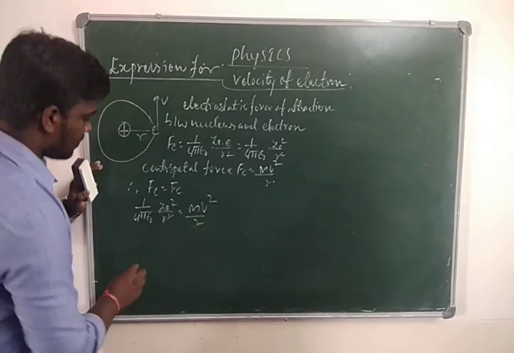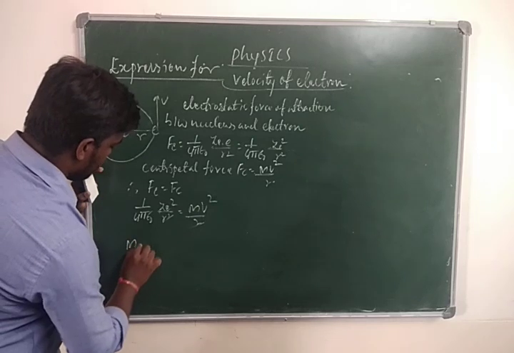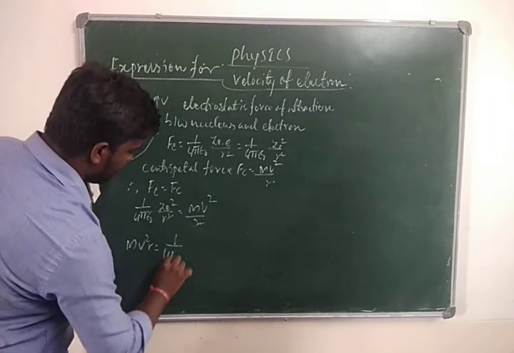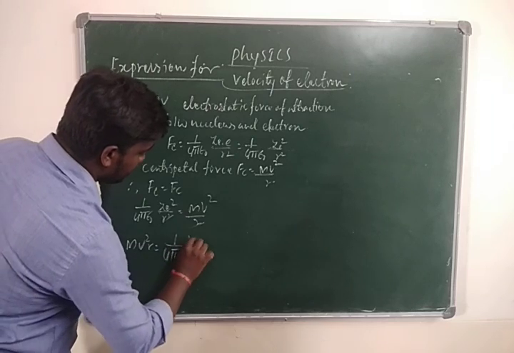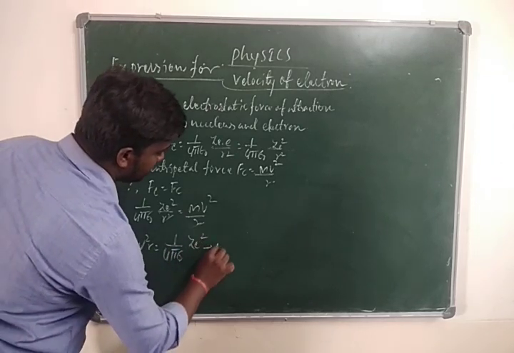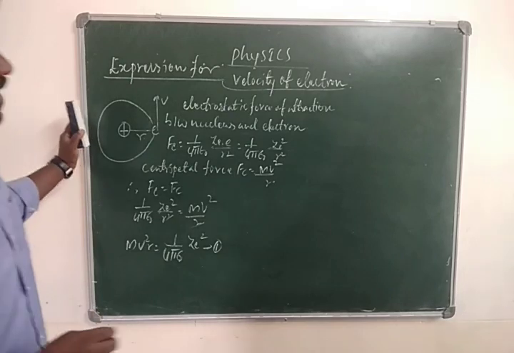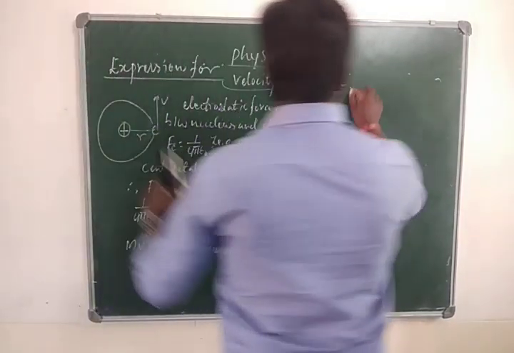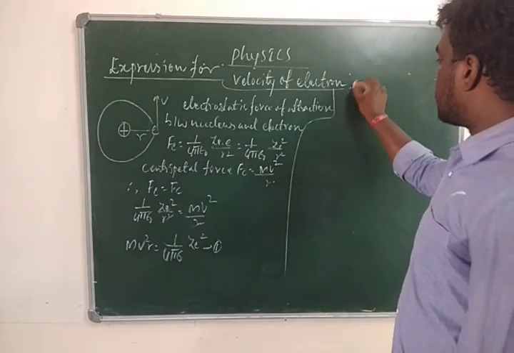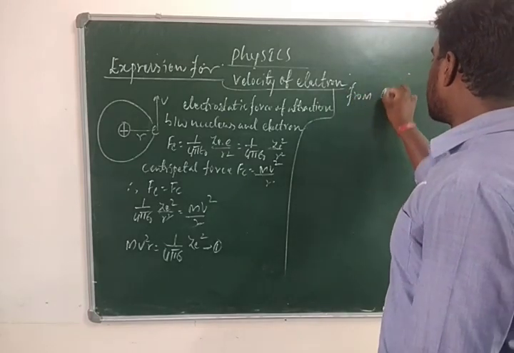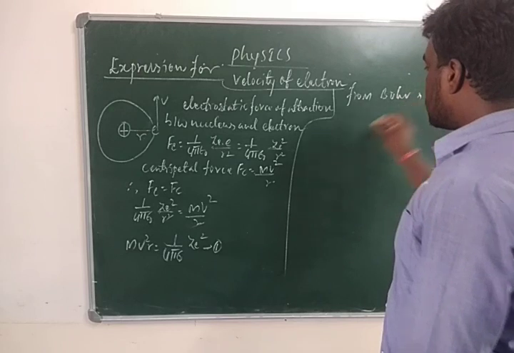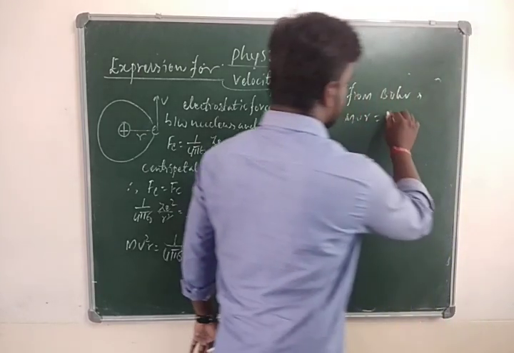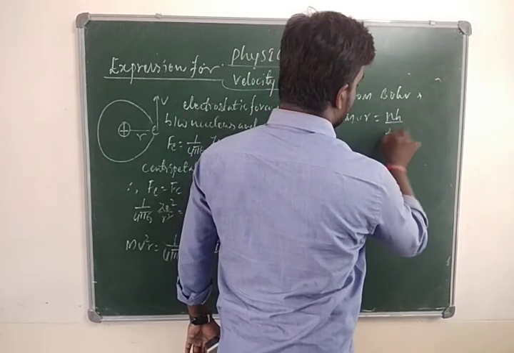r and r square get cancelled. mv square r is equal to 1 by 4 pi epsilon naught Ze square. This is equation 1. Next, from Bohr's postulate, mvr is equal to nh by 2 pi.